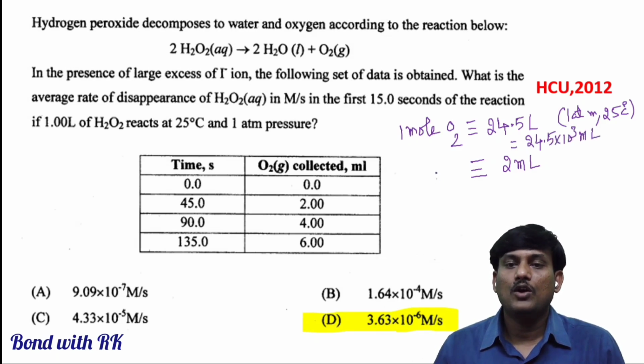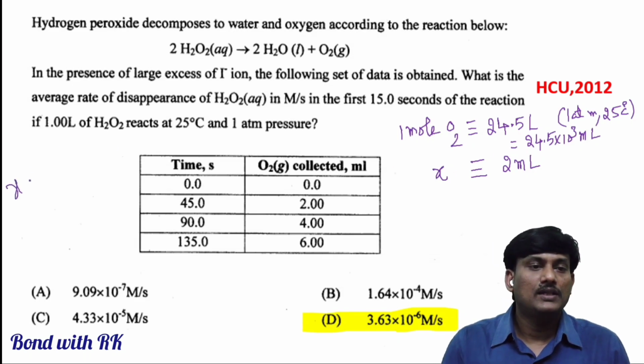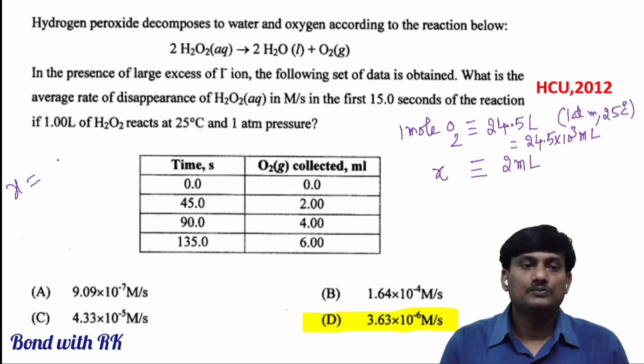Then how many moles of O2 will be there in 2 ml of O2 gas? When you do cross multiplication, x into 24.5 into 10 cube is equal to 1 into 2. So x is equal to 2 by 24.5 into 10 cube.